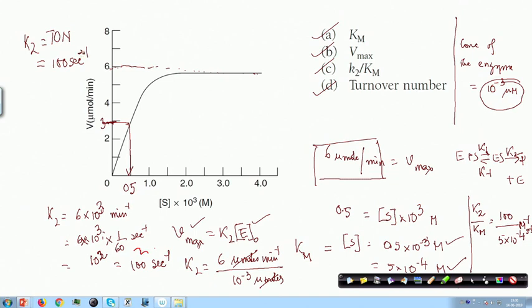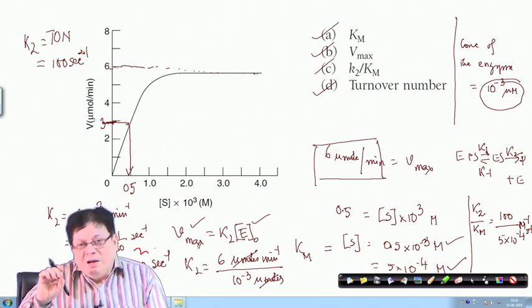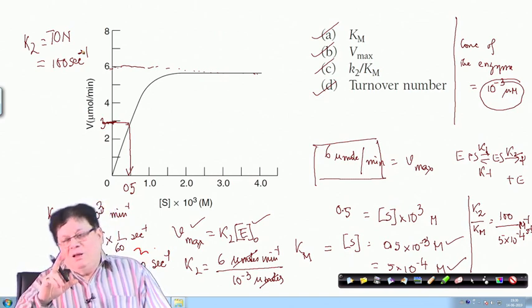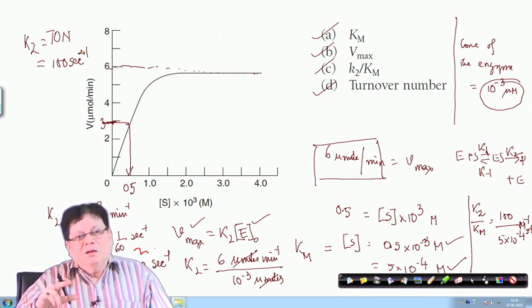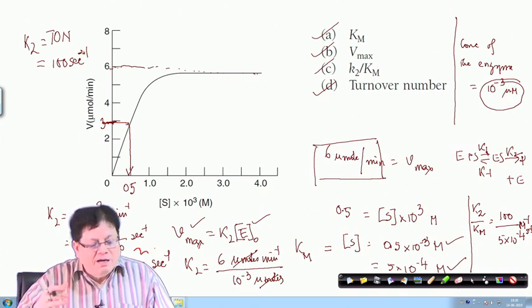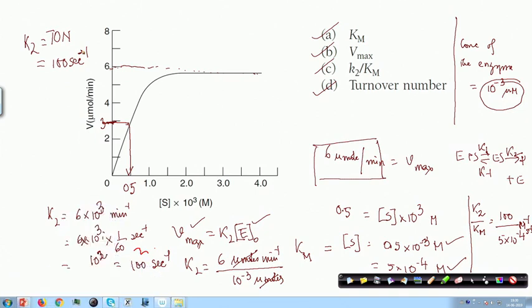So, what does it mean? That means, in 1 second 100 molecules of the substrate are converted into the product by a single molecule of the enzyme. However, there is one assumption here, that the enzyme has only one active site for the substrate. Again, remember what I said, that turnover number is the number of substrate molecules turned over into the products per unit of time, in this case second.